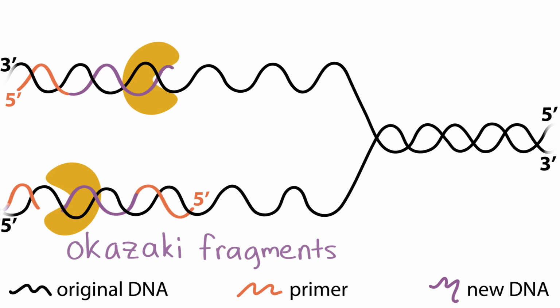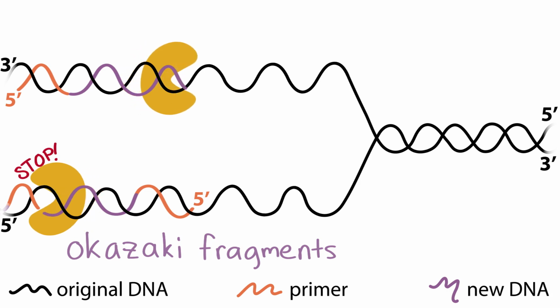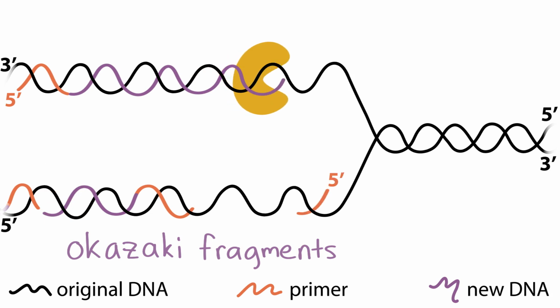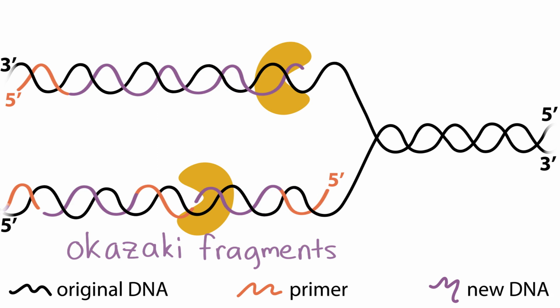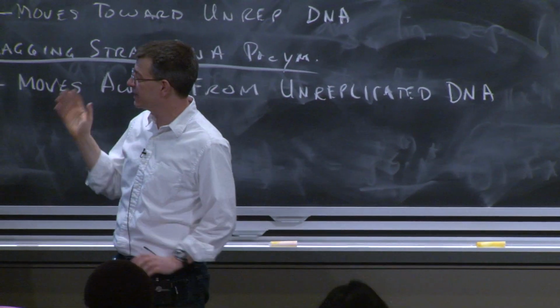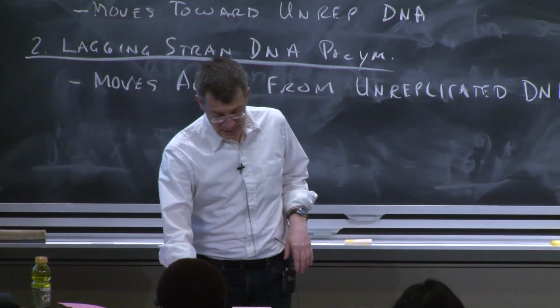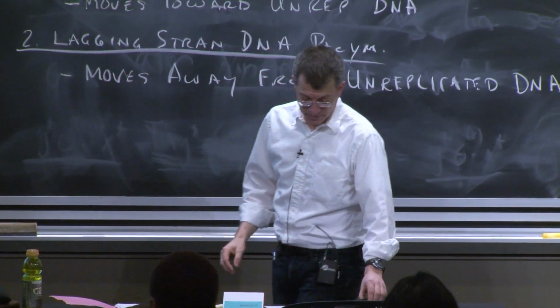Okay, so this one, for example, would stop here when it reached this primer because there's nothing left for it to replicate. There's no more primer template junction, right? No single-stranded DNA. And it would have to fall back off. There'd be a new primer here and start over again. And we're going to come back and talk in much more detail how the cell deals with that problem. But that's a critical issue that the cell has to deal with.